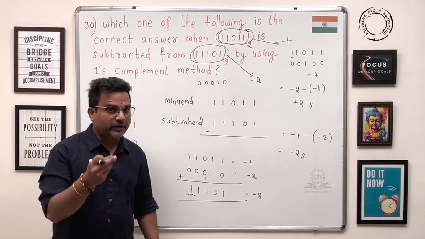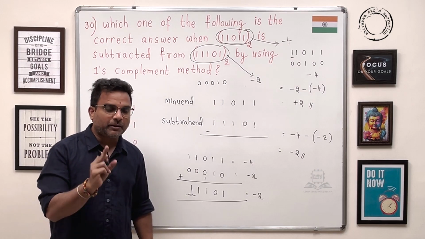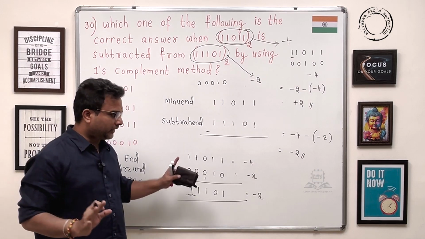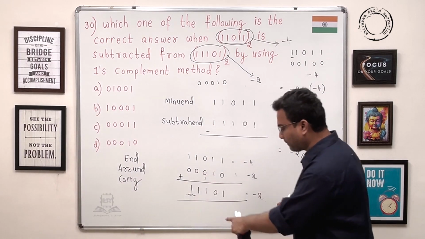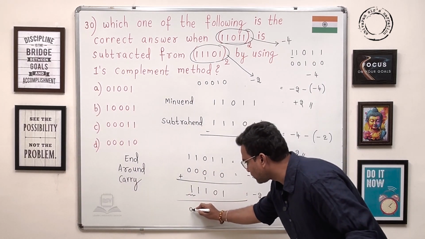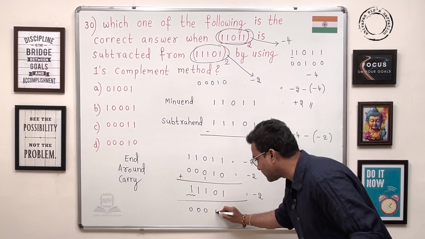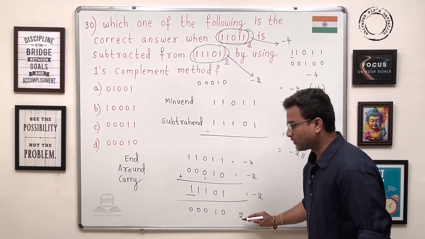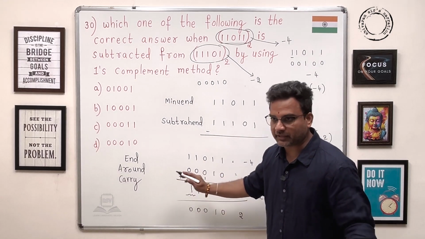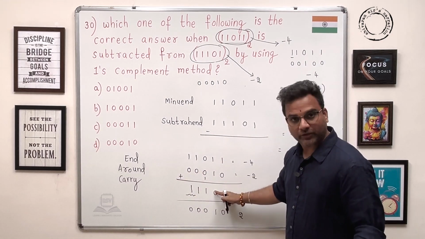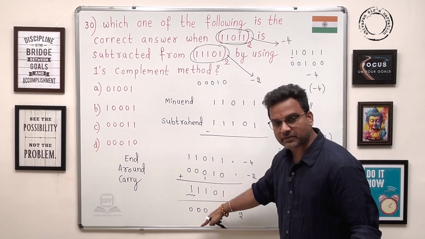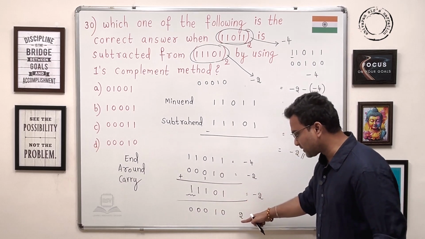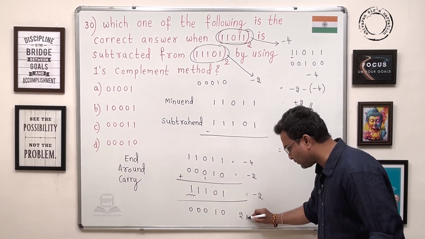You want to get the final answer, apply 1's complement again. Therefore, here if you apply 1's complement, 00010. That's what here 2. So you don't get the end around carry, it's a negative number. Again apply 1's complement, therefore you get 00010, it's 2.